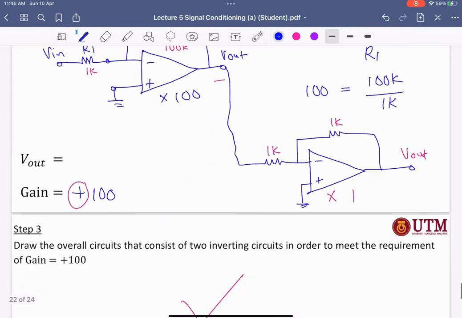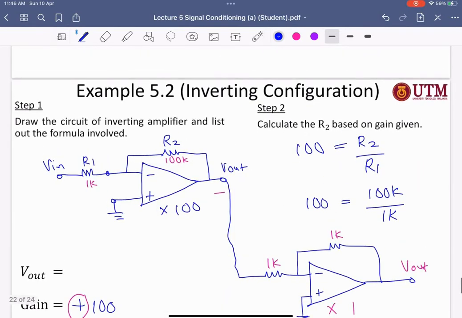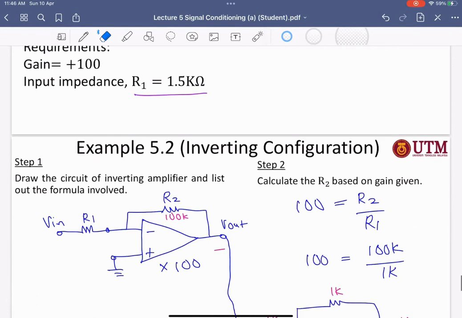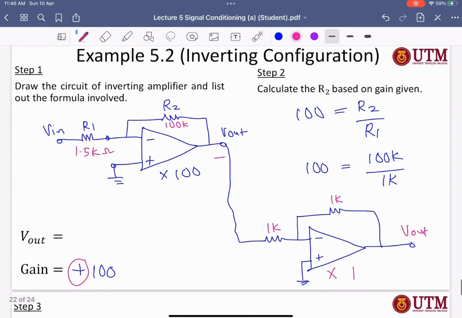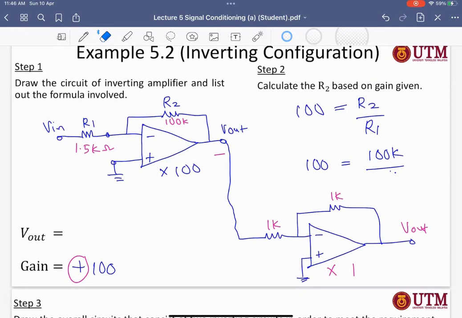Because the V in has the input impedance here, oh, I'm sorry. Right now we cannot use 1K, because the question said the input impedance is 1.5 kilo ohm. So we need to set this to 1.5 kilo ohm. Sorry guys, my mistake. So in order to get it, we need to find the value for R2 here.